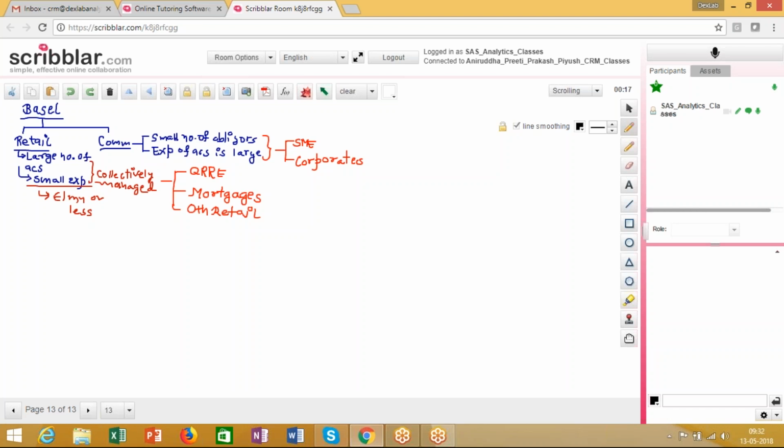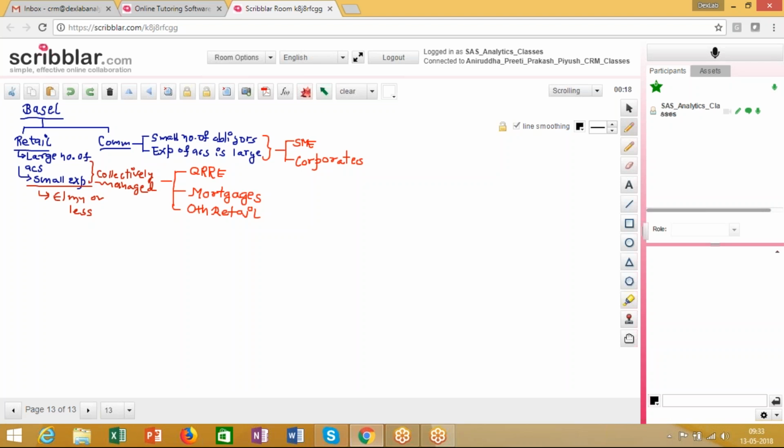On the other hand, the commercial portfolio is a portfolio where your obligors are firms, and given that they are firms, obviously the number of obligors in a commercial portfolio is likely to be relatively lower compared to the retail portfolio, right?